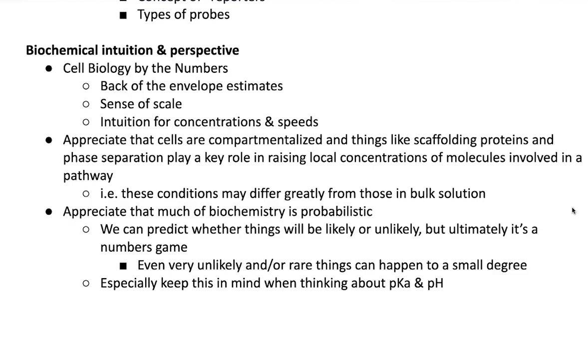It helps you do things like back of the envelope estimates, get a sense of relative scale and concentrations inside of cells and in various solutions, as well as speeds. So we're often talking in biochemistry about things in isolation, but it's important to remember that things are actually happening typically inside of cells, inside of complex biological environments.